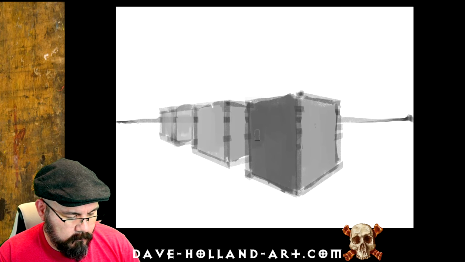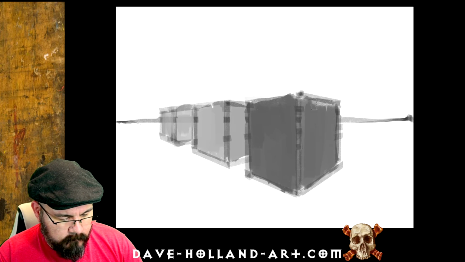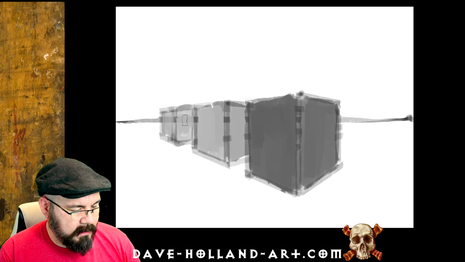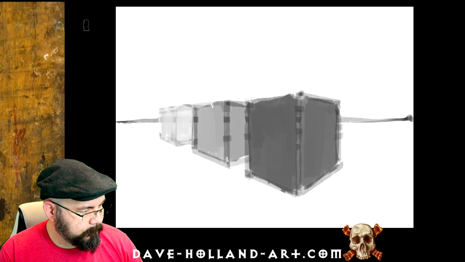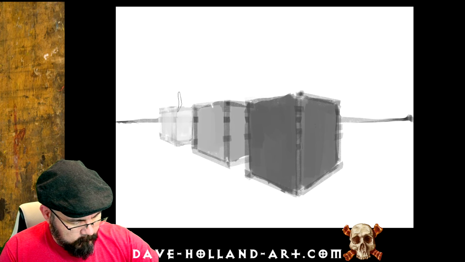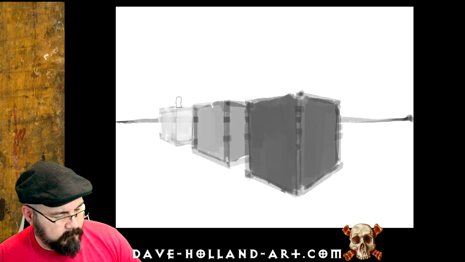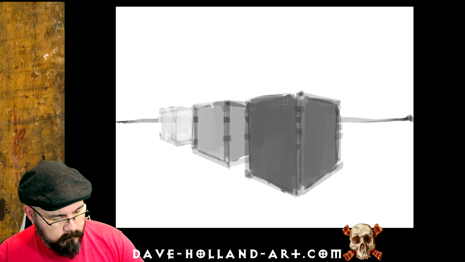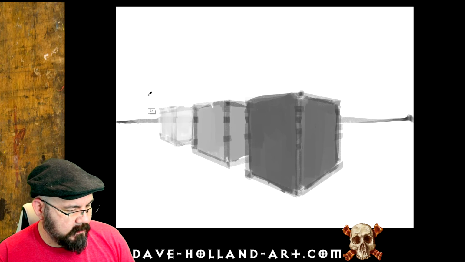So we can do this more saturated one here, and then one back here is going to adopt a little bit more of that atmospheric color. So now with our three boxes, we have a little bit more depth to them as this one recedes to the background.